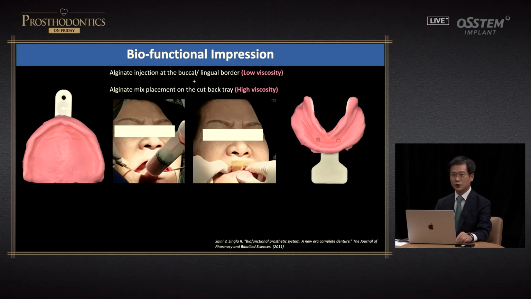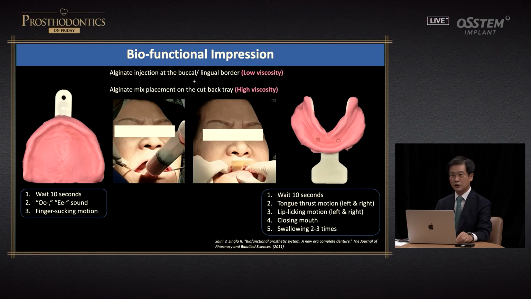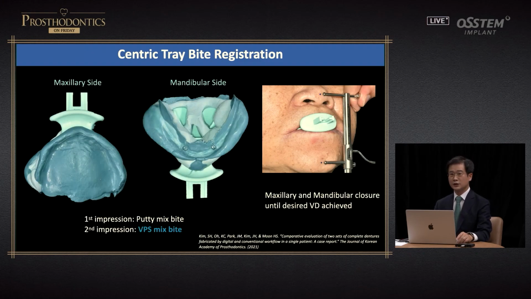On the first day, alginate is injected, and then I put in the tray to get another bite registration. This is key. With the centric tray, I let the patient bite into it and practice. If with the existing denture, then you determine the vertical dimension.